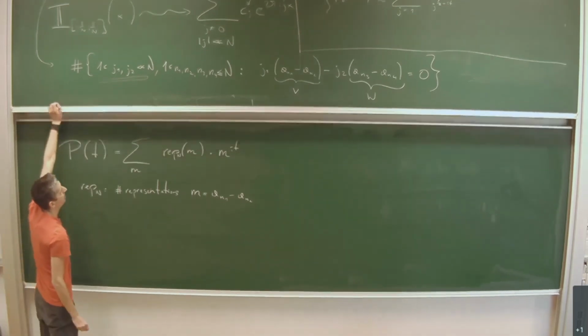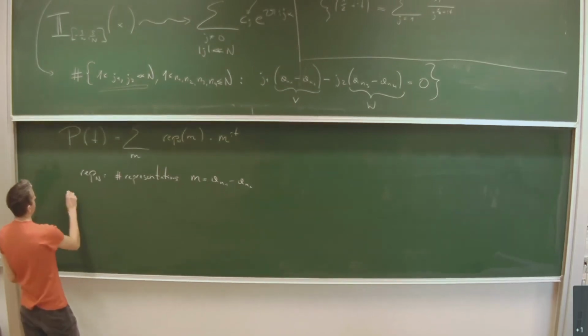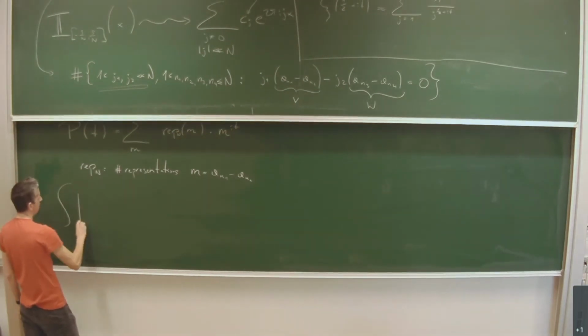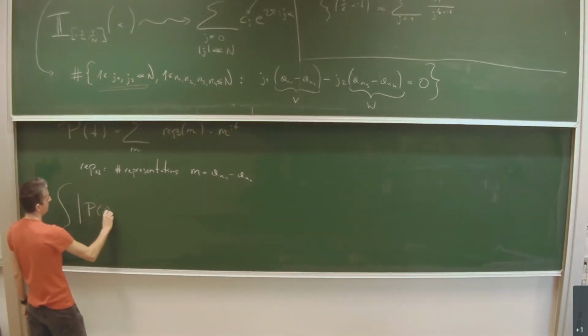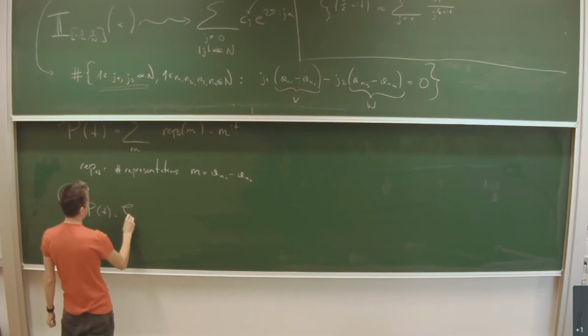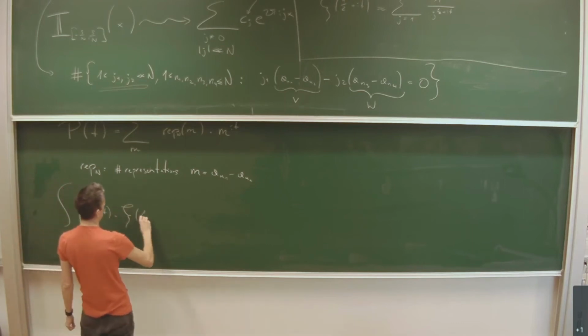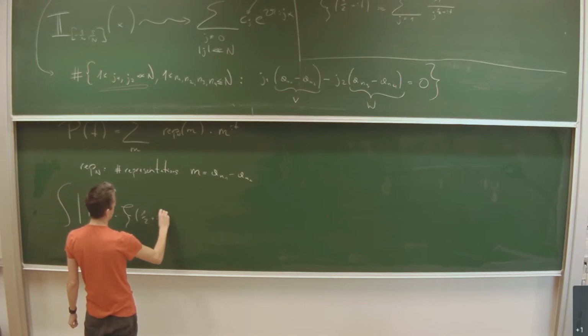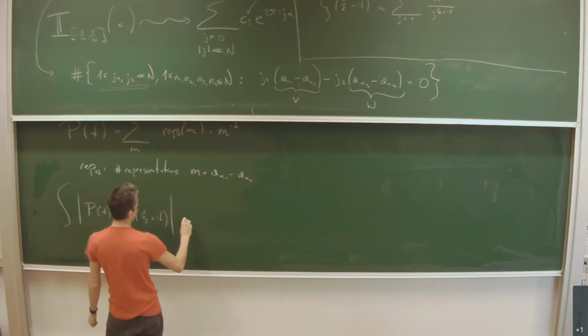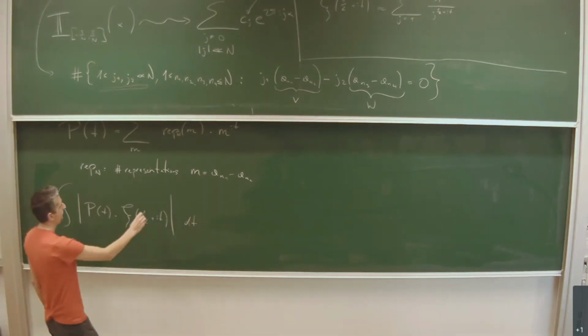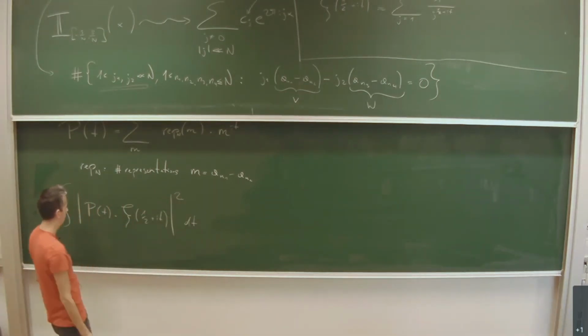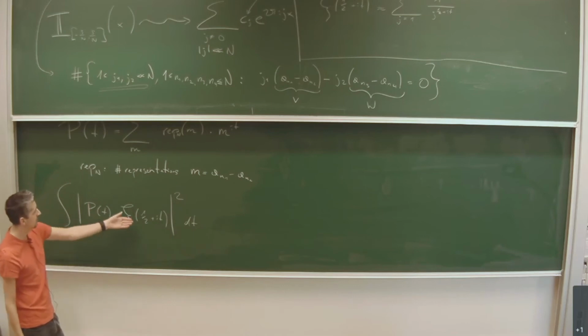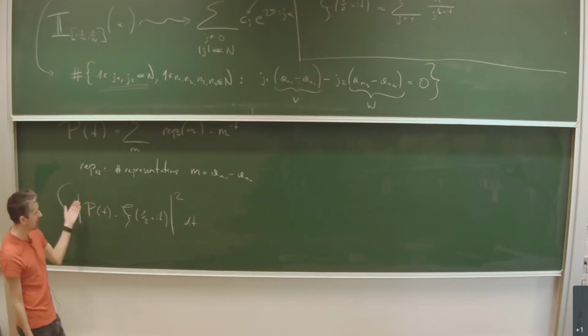And now, if we multiply this auxiliary function with the Riemann zeta function on the half line, take the modulus square of this, and integrate.